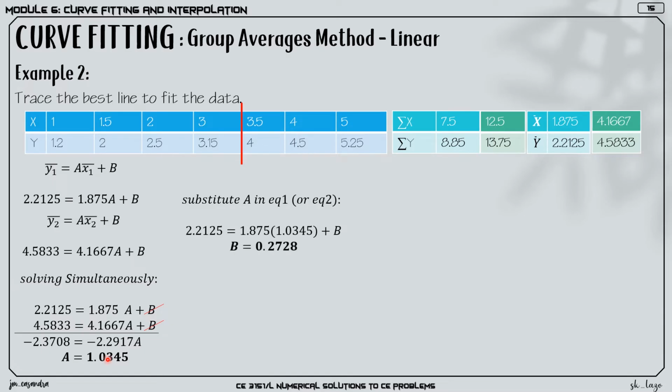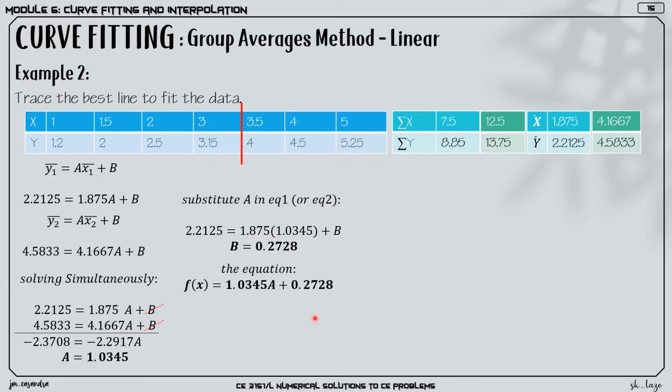Either way, it will give us a value of b equal to 0.272. So in that case, we can now find the best equation that would give us the best line defining variables x and y as f of x is equal to 1.0345x plus 0.272. So this is the final answer.